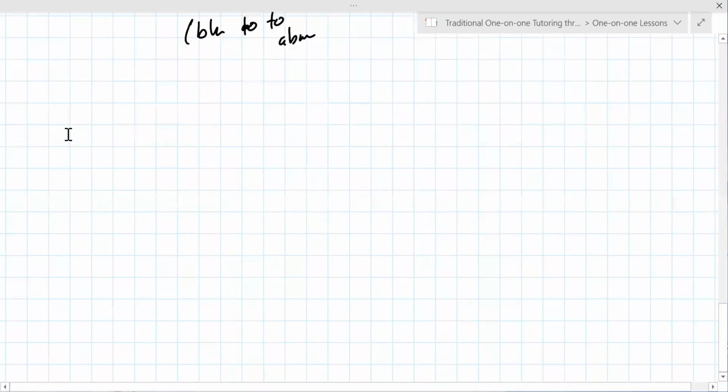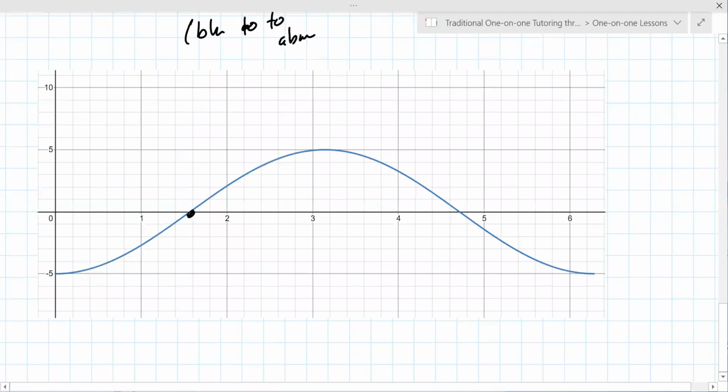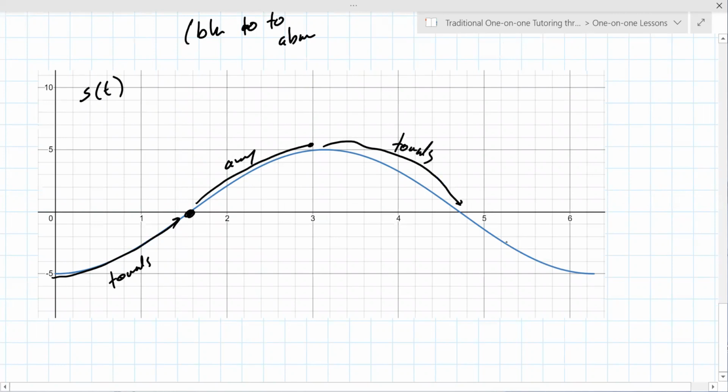Basically the blue is the normal function, and then the green is the derivative. So this is you going towards, and then you're moving away, but then you're coming back towards, and then you're moving away.